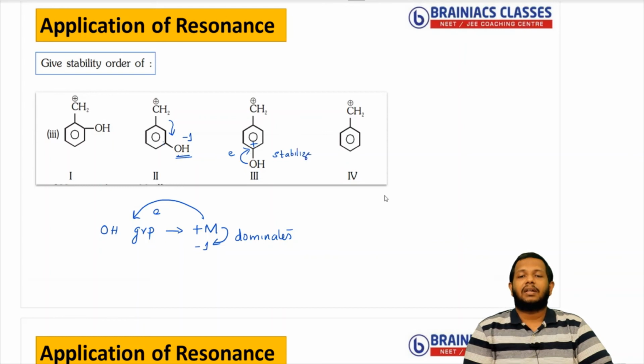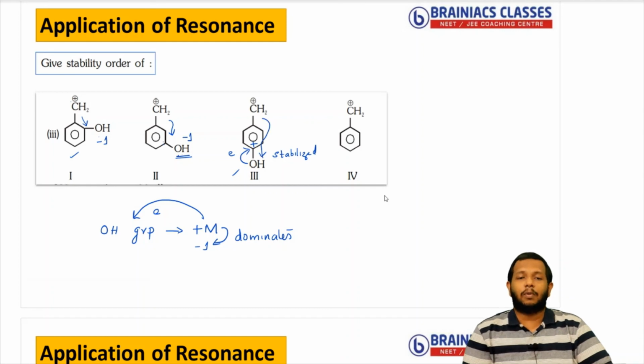Okay. So some students will say, sir, in the first and third one, due to the plus M effect, it is getting stabilized. Then how will we determine which one is more stable? I can say that in both cases the plus M effect is the same. But in this case, the OH group is very near to the plus charge, so the minus I effect is higher. We can only differentiate based on the minus I effect. Here it is at a lesser distance, and here, if you see, it is at a farther distance.